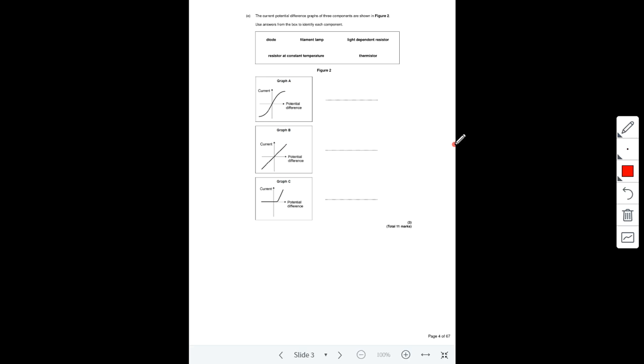Yes, that's very correct. And the second one's the resistor at constant temperature. Yes, or it's a graph for Ohm's law as well. Okay, second one. Clear? Yeah.